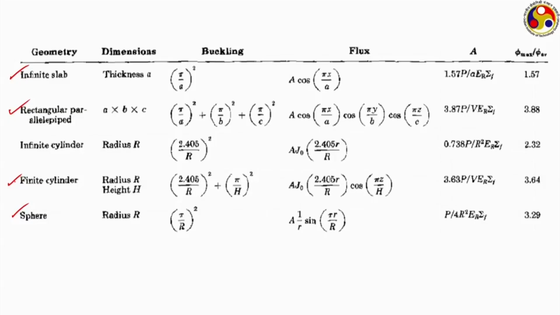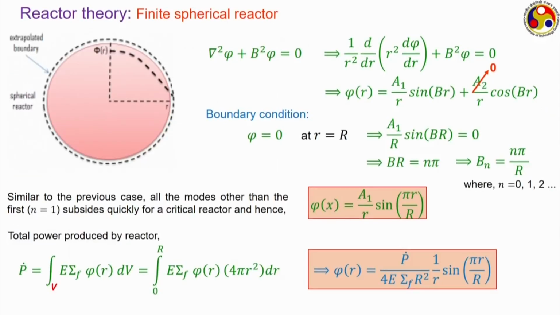But the most interesting factor here is the last column, which is the peaking power. Here we can clearly see all these values are much greater than 1. I am just going back to the previous slide. Here we can clearly see, and in case of the infinite slab also that was true, the neutron flux is very high at the center line and then diminishes very sharply, approaching 0 close to the edge.